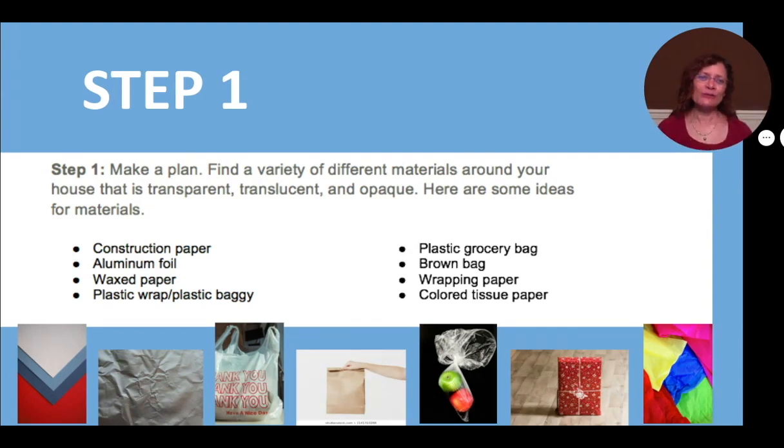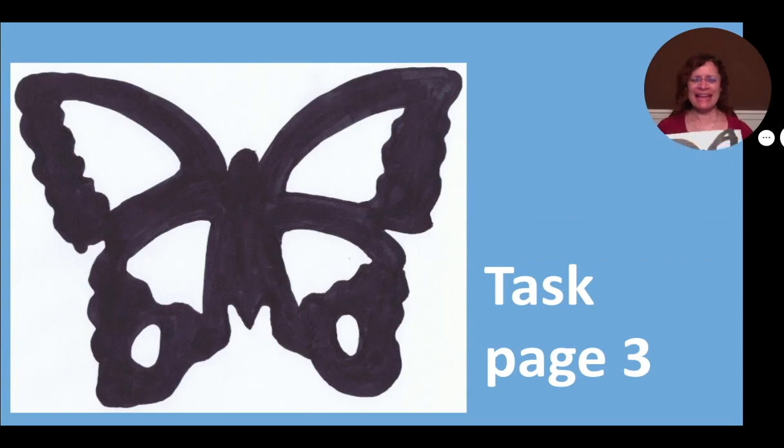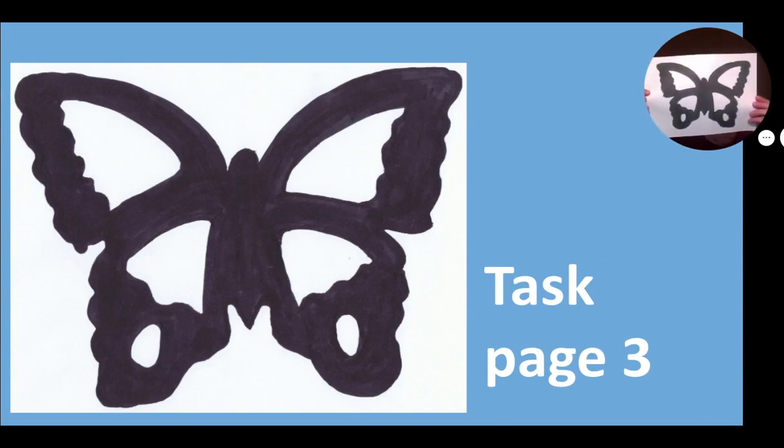Be sure to include a variety of material so that you can test whether a beam of light will pass through the different materials. In step 2, you will use a pattern to make your stained glass. There's a pattern on page 3 in the task. It's a butterfly pattern, which is what I used in making my picture.